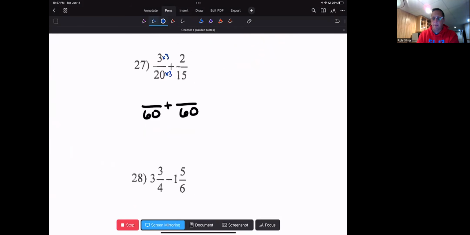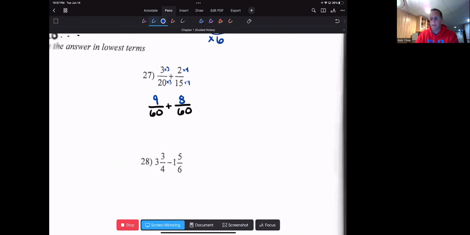So that's what we multiply on the top: 3 times 3 is 9. And then for 2/15, that changed by a factor of 4, because 15 times 4 is 60. So we multiply 2 by 4, which is 8.